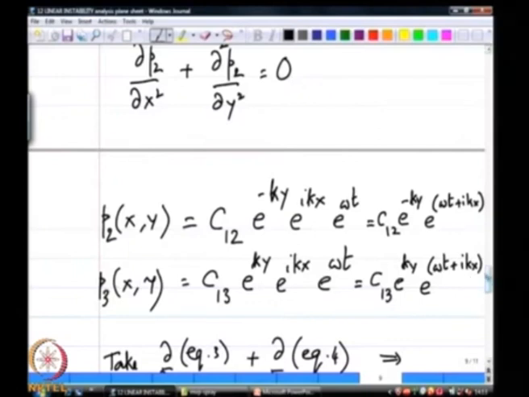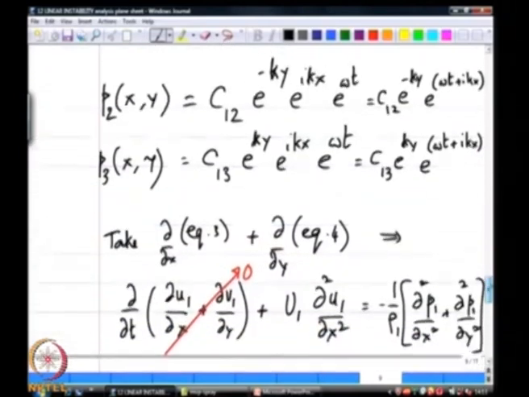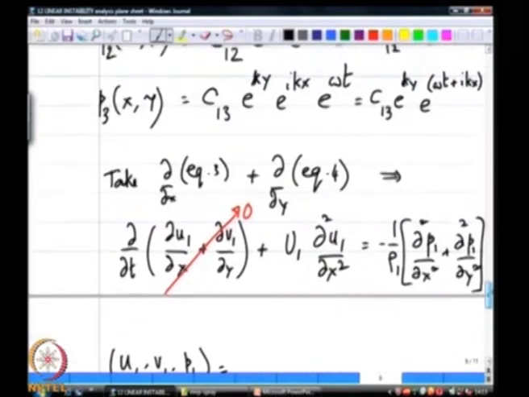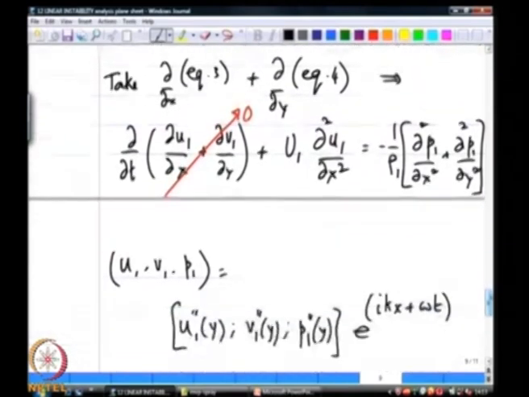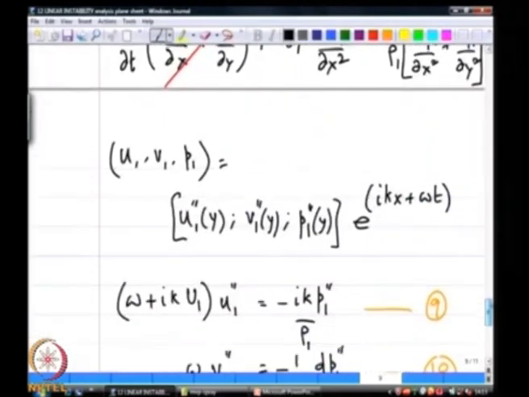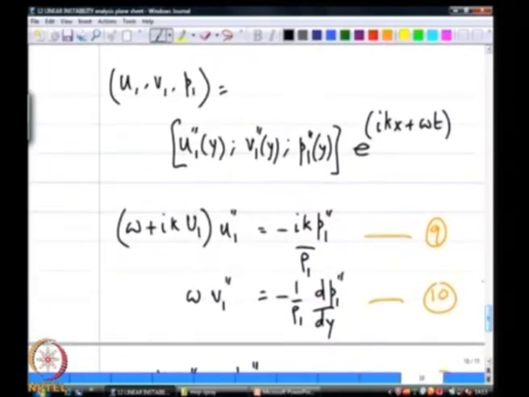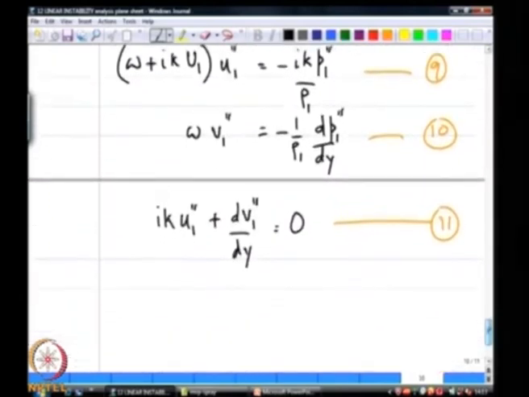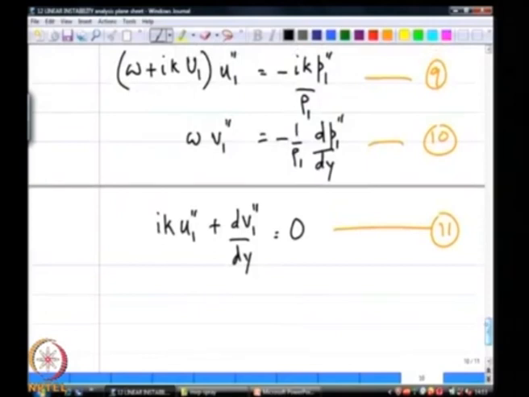So, this is essentially the fluid above and the fluid below, P 2 and P 3. As far as the liquid sheet itself is concerned, we went through the process of eliminating one of the variables and using the normal mode assumption we got these equations 9, 10 and 11.